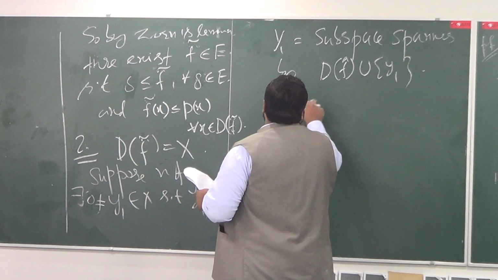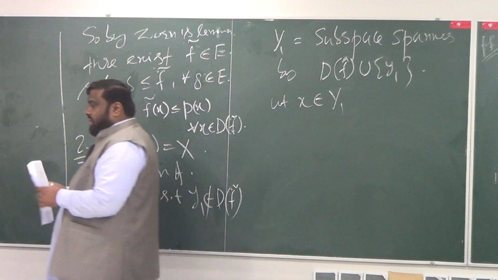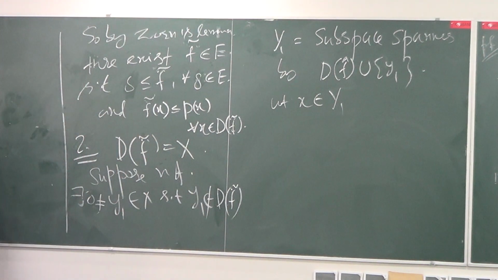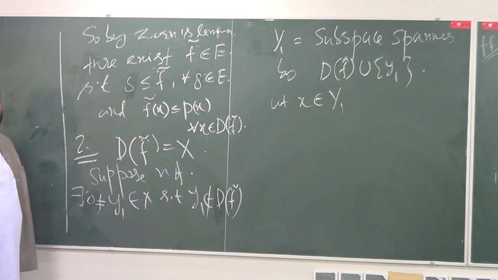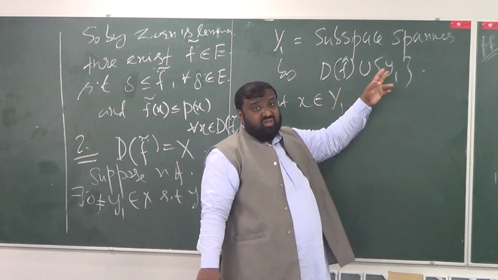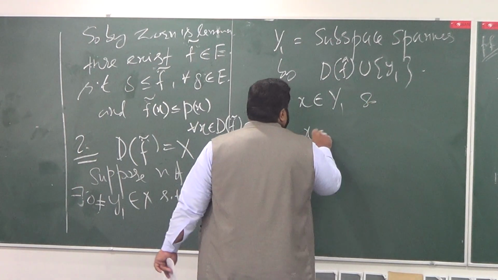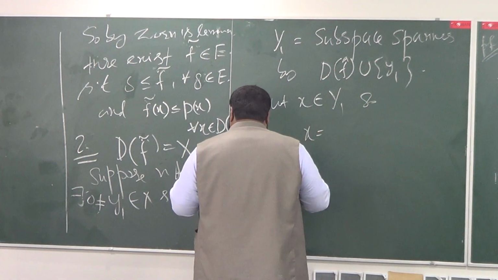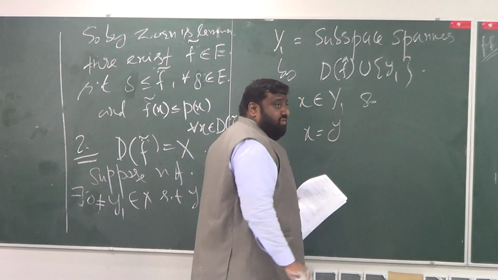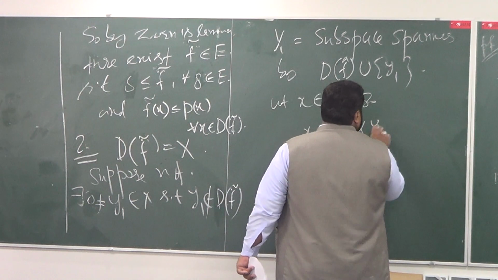If I take an x from y1, how does it look? It's going to be a linear combination of an element from the domain and this. So x can be written as some y, which is from the domain of f tilde, plus alpha times y1.